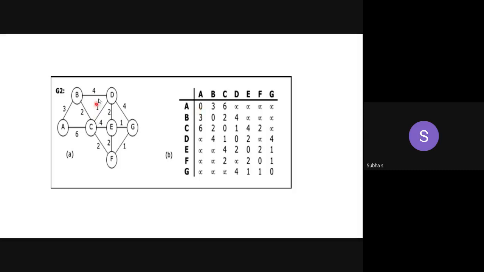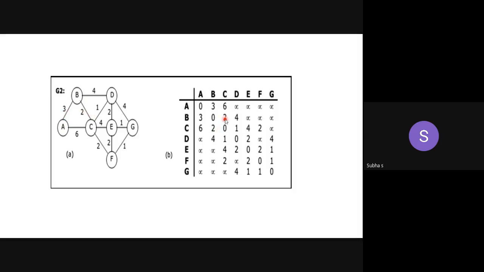Now you can see the next node, B. What are the adjacent nodes to B? D, A, and C. For D, what is the value? 4. For A, 3.